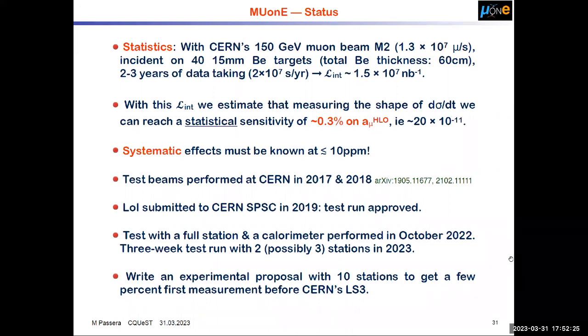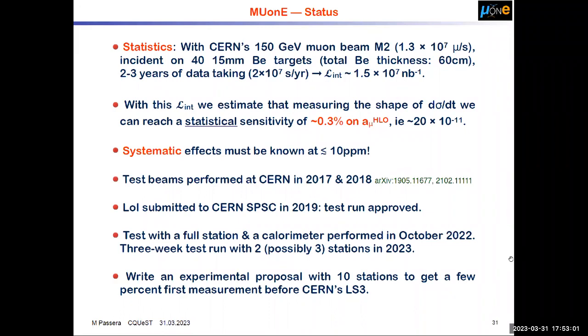So the next step would be an intermediate situation in which we get down to 10 stations. First we do the test with 2 or 3, and then we go to 10. Because if 2 or 3 works, then, of course, there are many problems in scaling up, but it's a modular system, so we can just put them together and see how they work with 10. 10 stations would allow a measurement which is not competitive with BMW, the lattice, or the dispersive, because it will not be sub-percent.